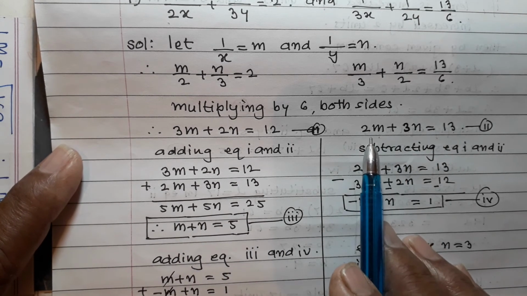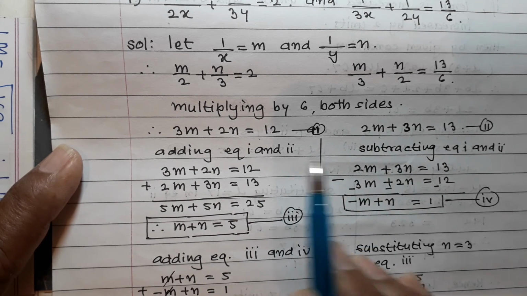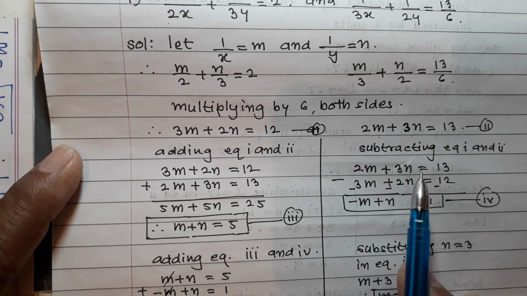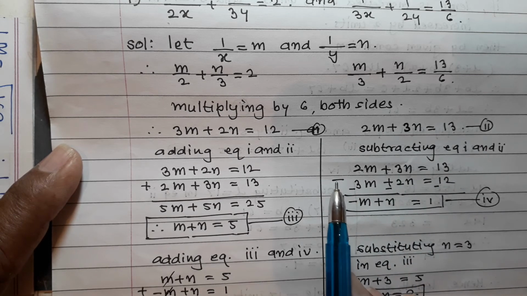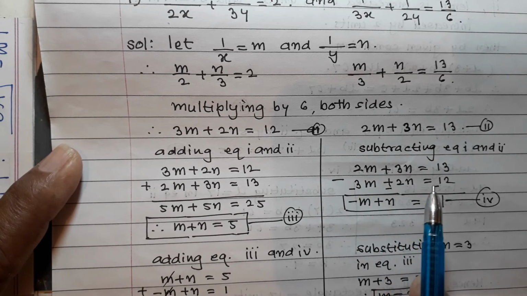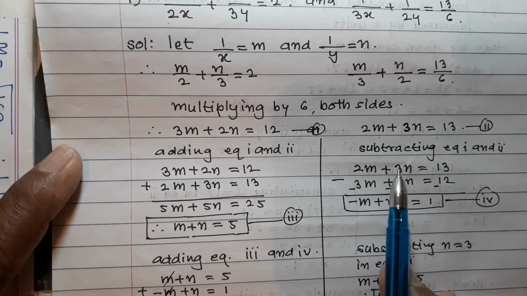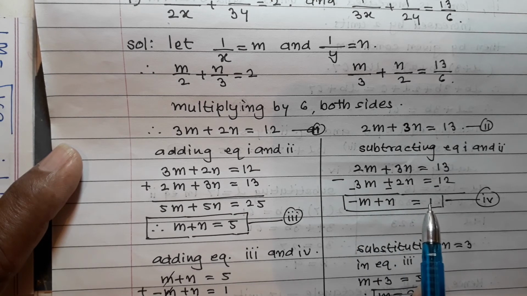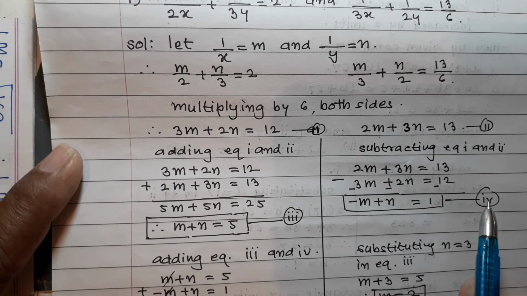Similarly, now these two equations you subtract. So 2m plus 3n is equal to 13 minus 3m plus 2n is equal to 12. If you subtract this, you will get minus m plus n is equal to 1. So this is your equation number 4.